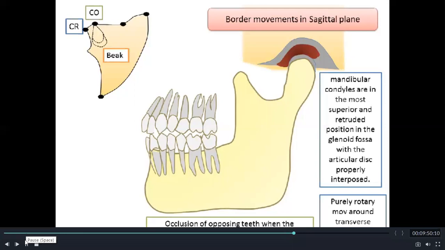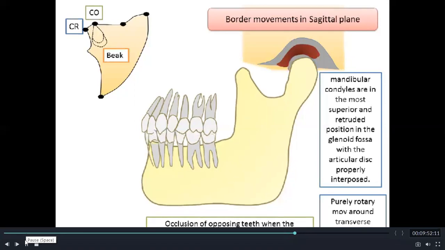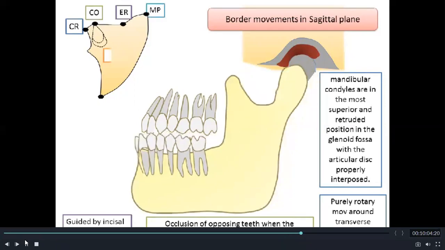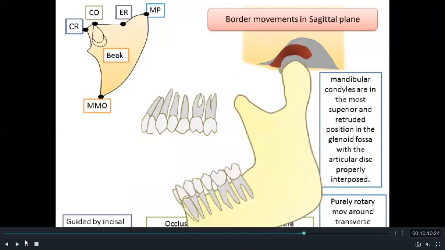So why register the bite inside the oral cavity? Why not do it outside the oral cavity? Because inside the oral cavity, you can actually measure the true centric relation. You can ask the patient to do some muscle exercises, and you can check the real centric relation and centric occlusion, whereas on the model you are not able to do it properly.